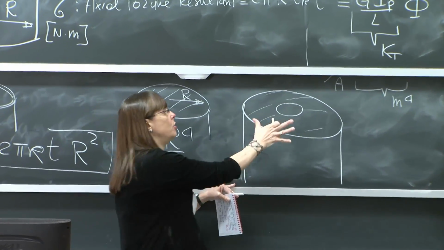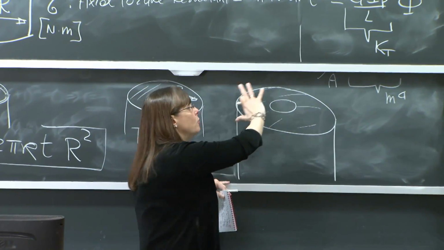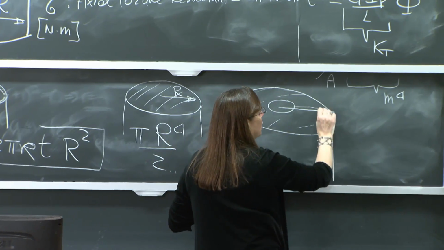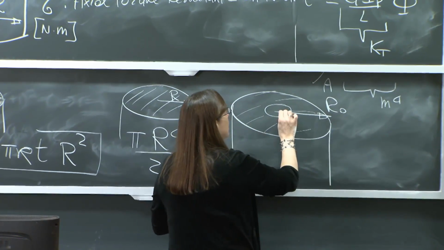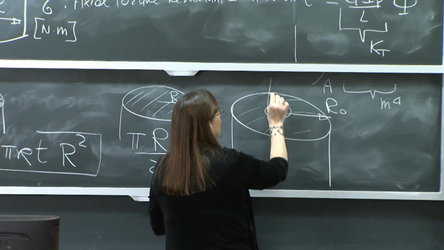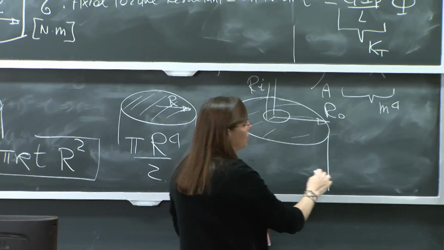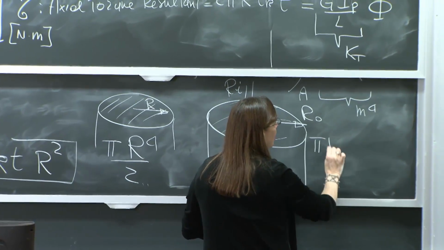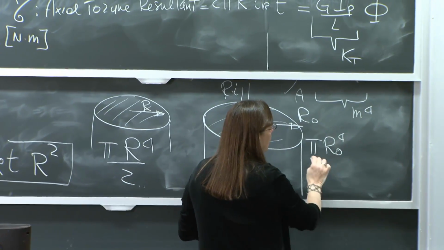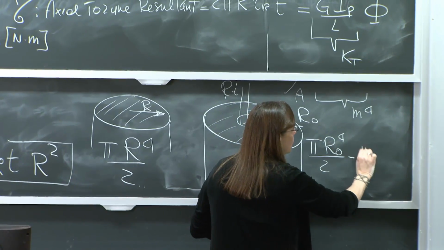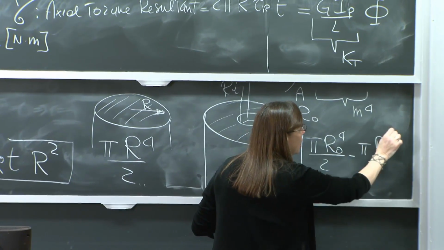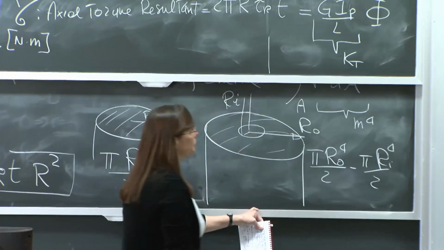Say this one is r out, and this one is r inner. Then you can obtain the polar moment as pi r out to the fourth over 2 minus pi r inner to the fourth over 2.